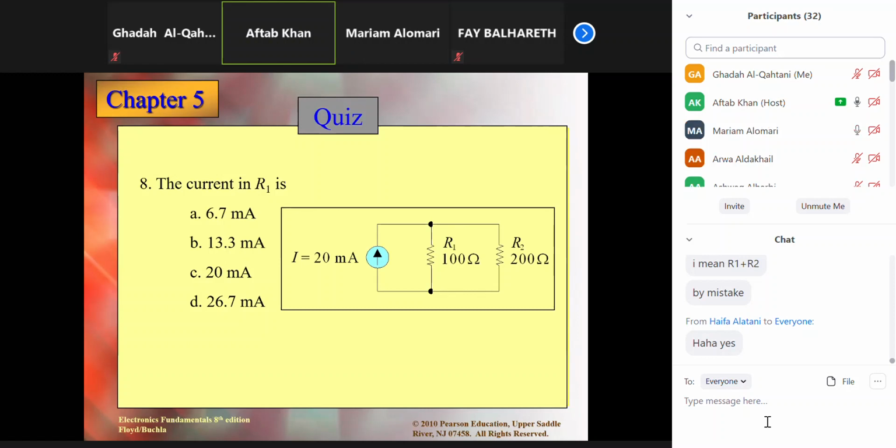Am I right? Yes. Okay, so this is the easiest one. Yeah, we know that, but if you want to know without calculation, without a formula, let me think, how can we say?